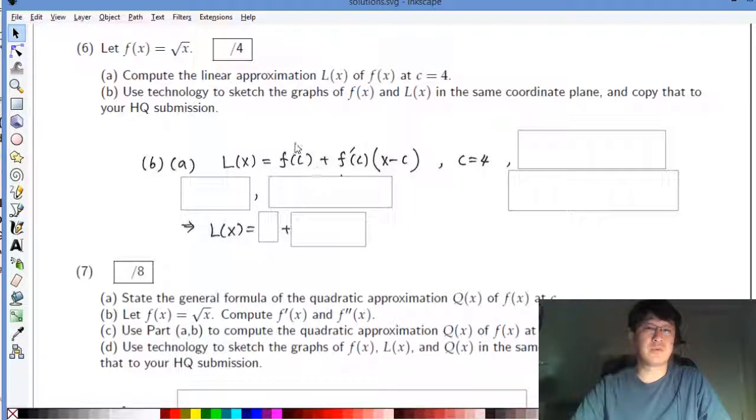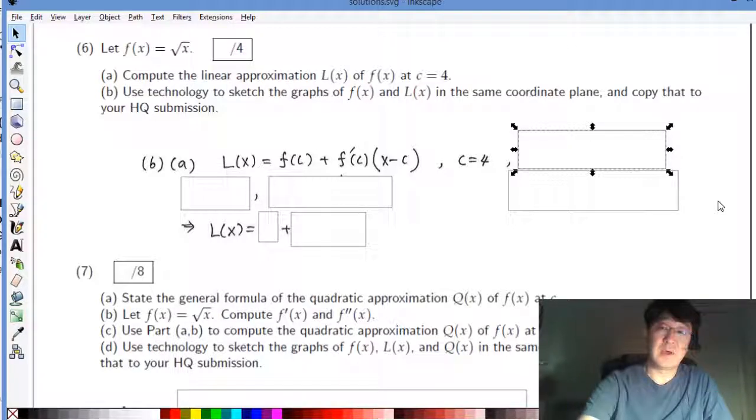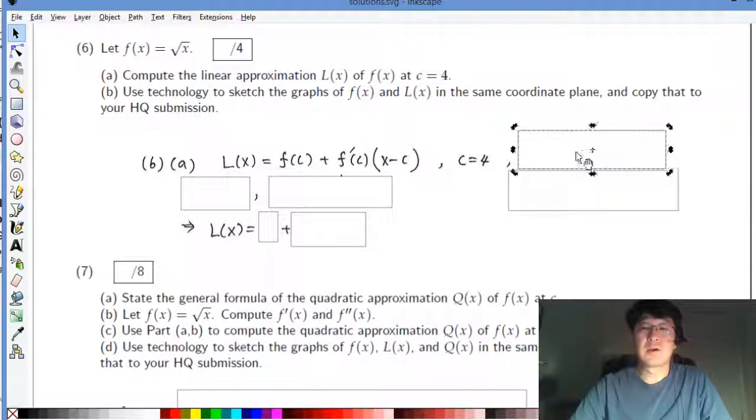Next, we have to just find two numbers, and the linear approximation is there. To get to that, we need a formula for f of x and f prime of x. The formula for f of x is already there, so I wrote it down. Let me go ahead and do that.